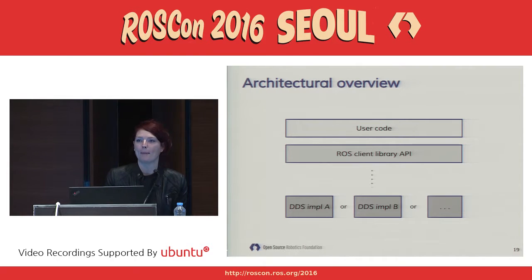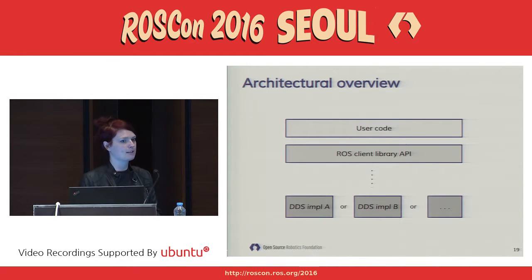So, like I mentioned, you can use a variety of supported DDS implementations with ROS2. The reasons you might want to switch between them are going to depend on the particular project that you're working on.